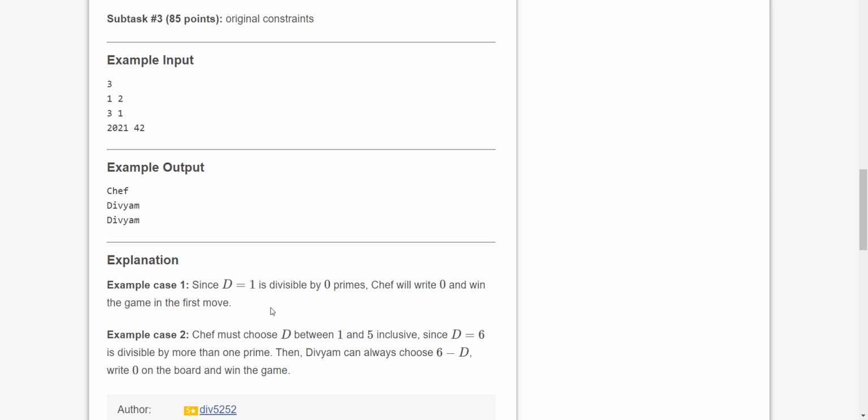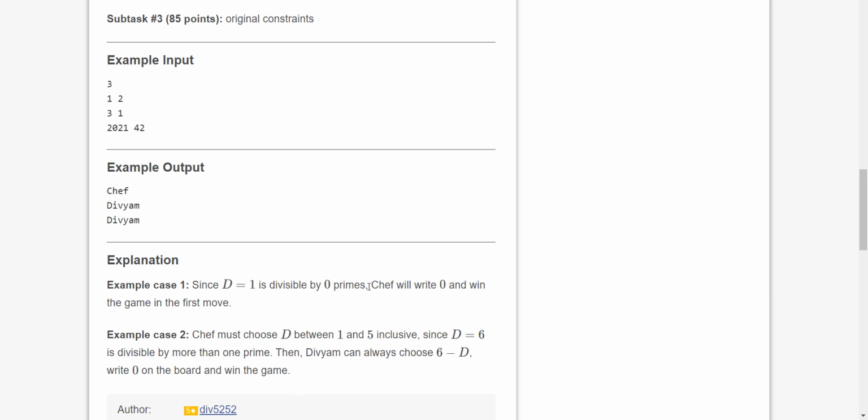So here x is given 1 and y is given 2. So if the Chef chooses the positive integer d, it is given that it does not exceed the integer currently written on the board. So x is 1, so the maximum choice he can make is 1. After subtracting, he'll get 0, Chef writes 0 on the board and he wins.